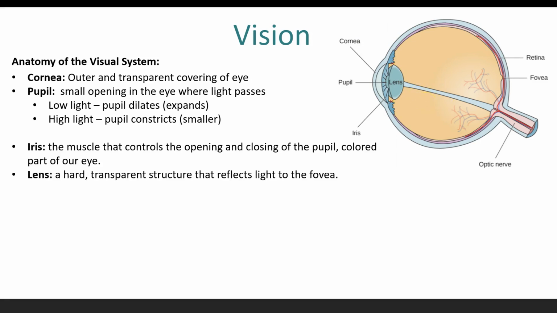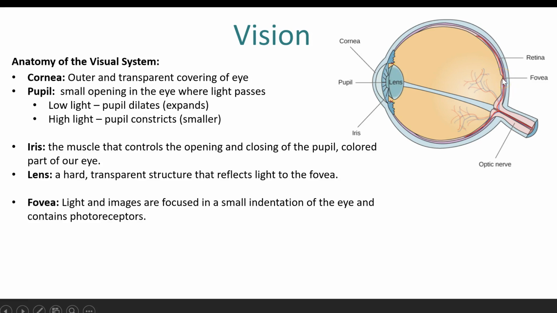And then the lens is a hard, transparent structure that refracts light to the fovea. So light passes through our cornea, through our pupil, and refracts off of our lens to the fovea. Light and images are focused on the fovea, the small indentation here of our eye, which contains photoreceptors, cones and rods. This is also where our retina is, which is the back of the eye that receives light.